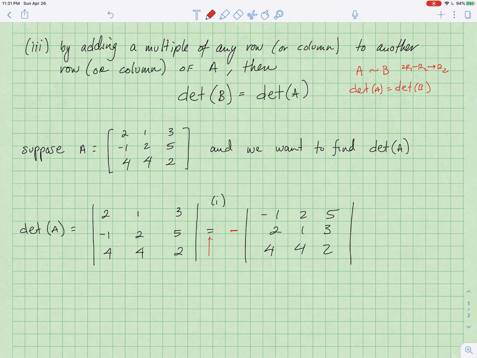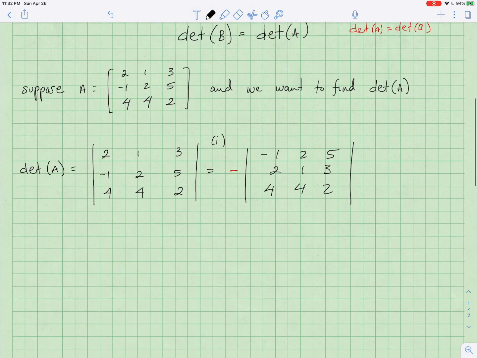Also notice that I'm using an equals sign here, not a tilde, because the tilde is for matrices, not determinants. These are scalar values, and they're equal to one another, as long as I adjust by a factor of negative 1.